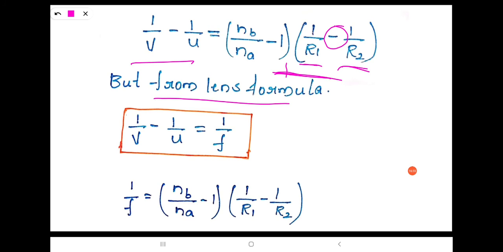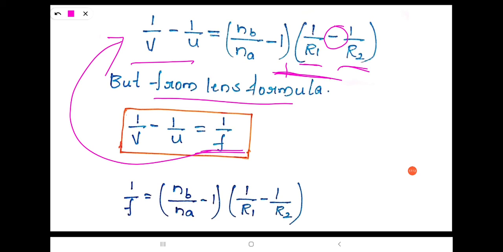But from the lens formula we can write 1/V minus 1/U equals 1/F. So instead of 1/V minus 1/U, we can write 1/F.